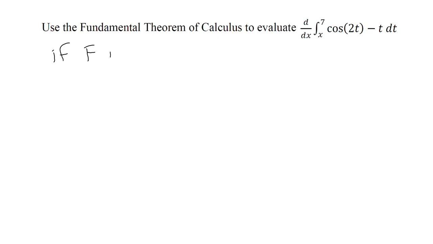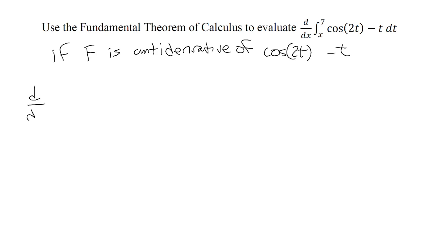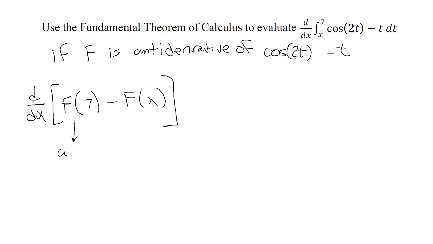I'm going to say if capital F is an antiderivative of cosine 2t minus t, then what we've got is the derivative with respect to x of capital F of 7 minus capital F of x. Well, capital F of 7 is a constant, and if I take its derivative, that's 0.